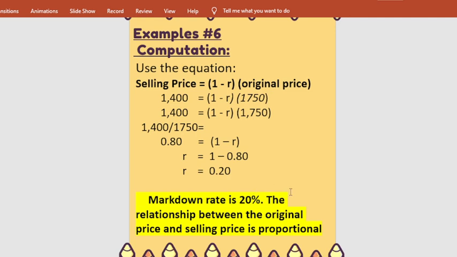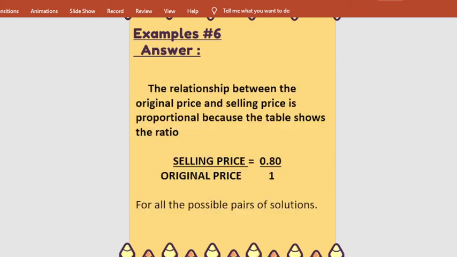Correct. So the relationship between the original price and selling price is proportional, because the table shows the ratio of selling price over the original price, which is 0.80 over 1.